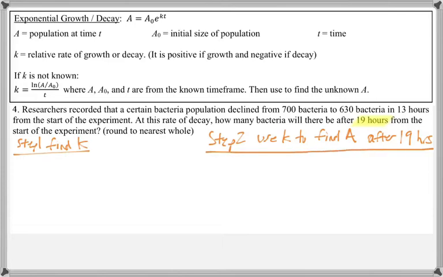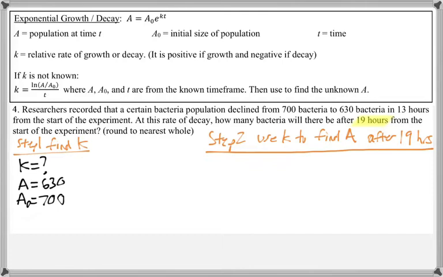So the first step is to find K. I don't know what it is, and I know that from the known time frame, A is equal to 630, and it started out as 700.